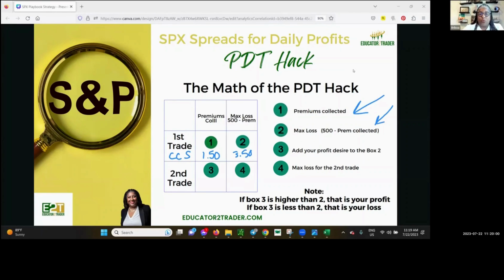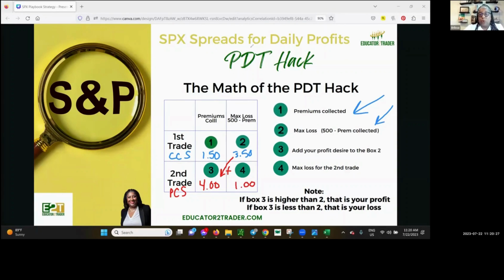Looking for the profit you want, let me change this color because I want you to see what's happening here. You're going to add your desired profit here. Let's say you want $50, and you're going to put $4 into the PCS trade. Going to the second trade, put credit spread, you're going to put $4 in the limit box. This would then be a max loss of $1.